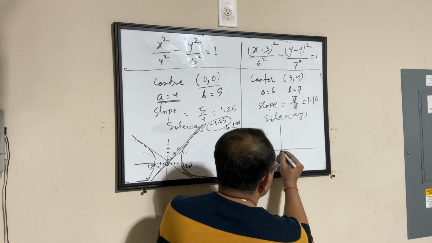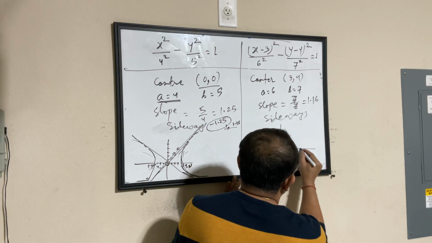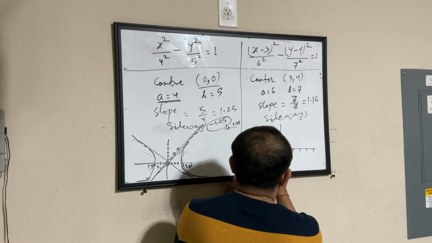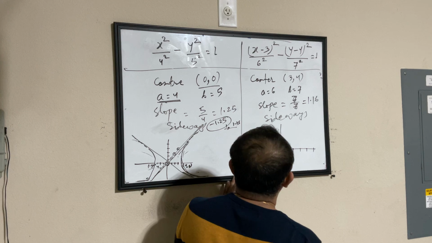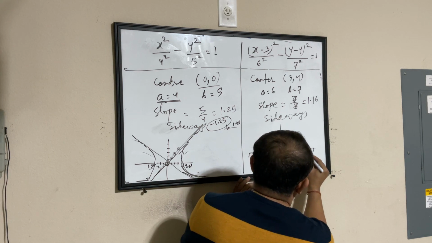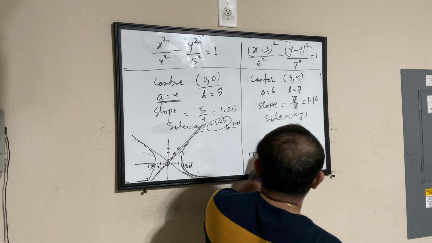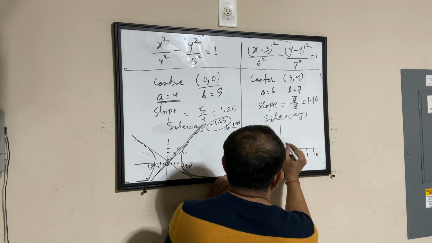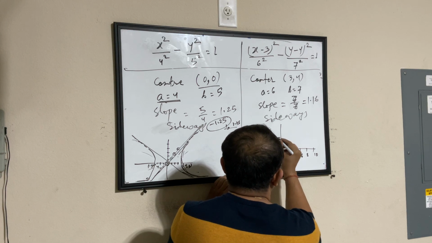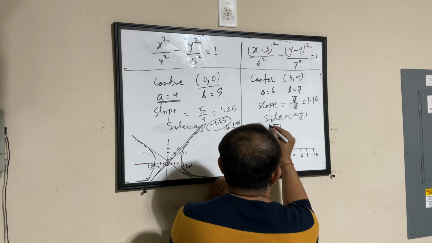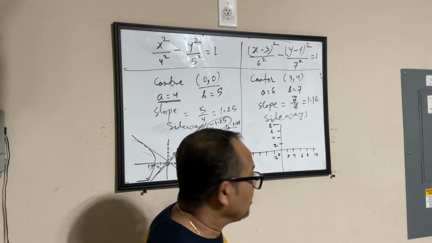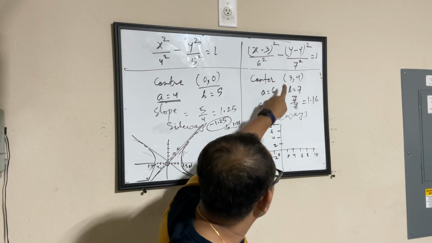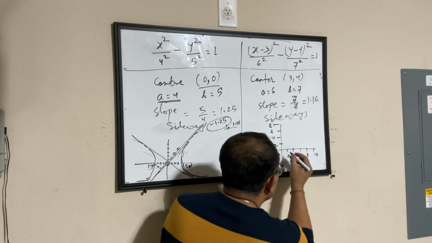So here, if it is 0, 1, 2, 3, 4, 5, minus 1, 2, 3, 4, 5. Or I'll use 2, 4, 6, 8, 10. Now it is minus 2 and here also minus 2, 4, 6, 8. Now, where is my center? My center is at 3, 4.